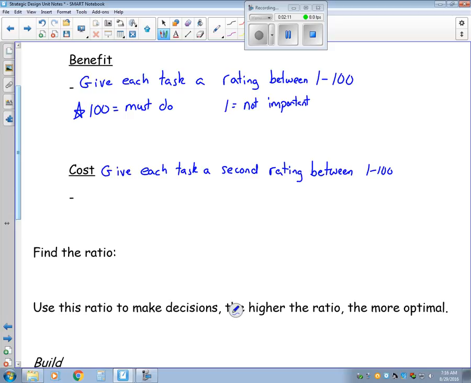This time, 100 is a task that is really, really hard to do. And a task that is given a rating of 1 is easiest to do.